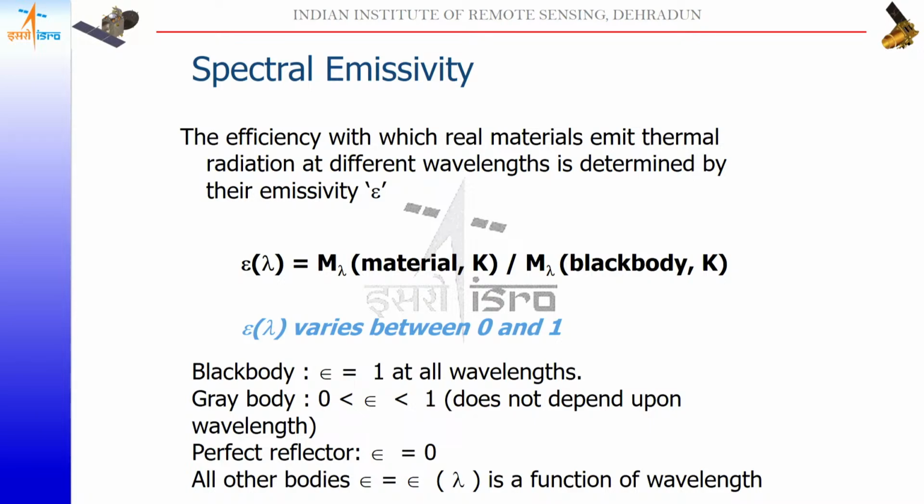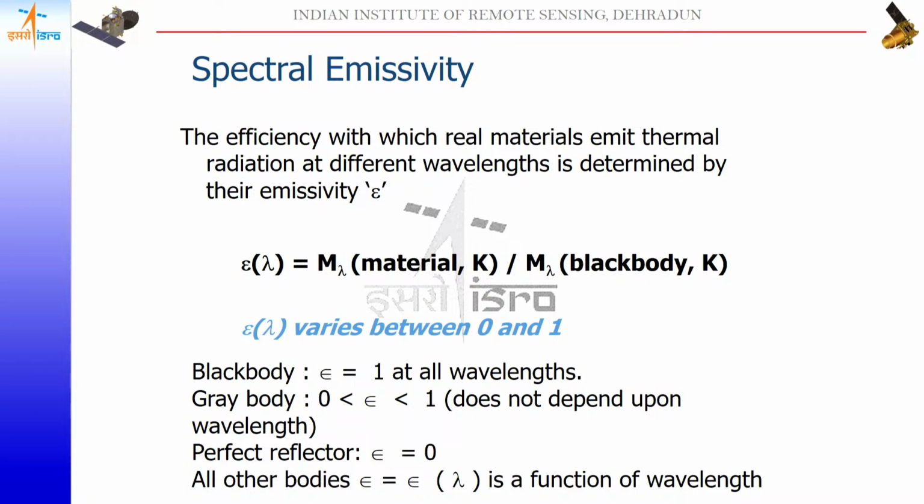The spectral emissivity is given by the ratio of spectral excitance of a material, a real object which exists in nature, divided by the spectral excitance of a black body at the same temperature as that of the real body. This quantity is known as spectral emissivity.